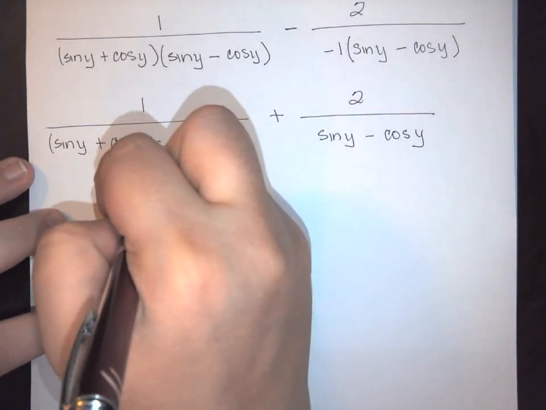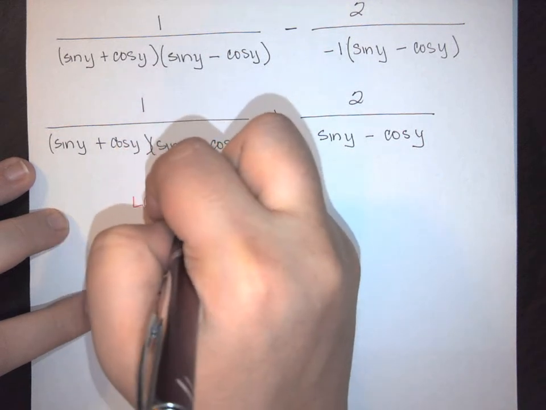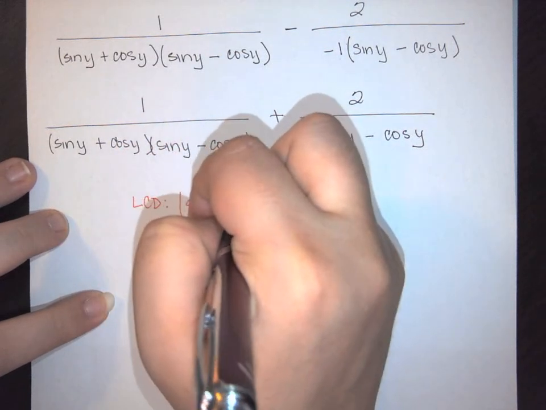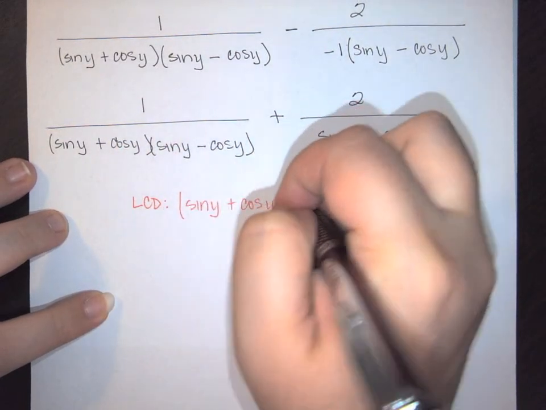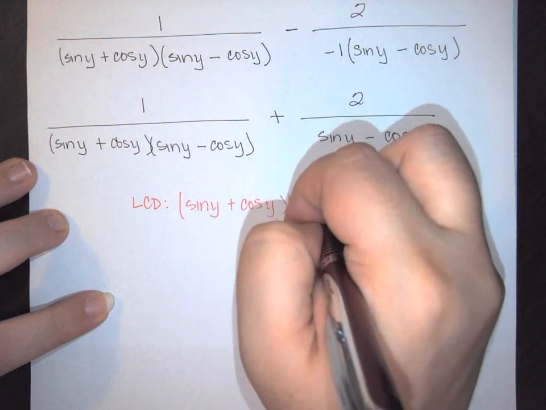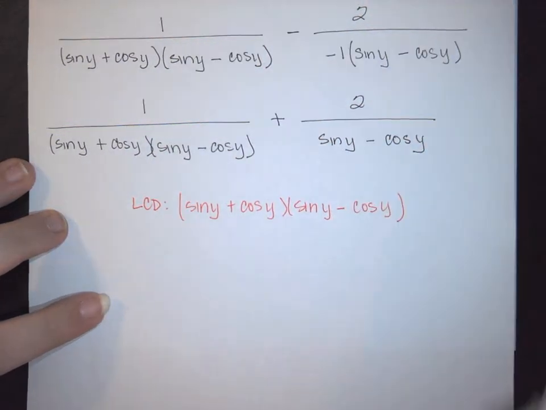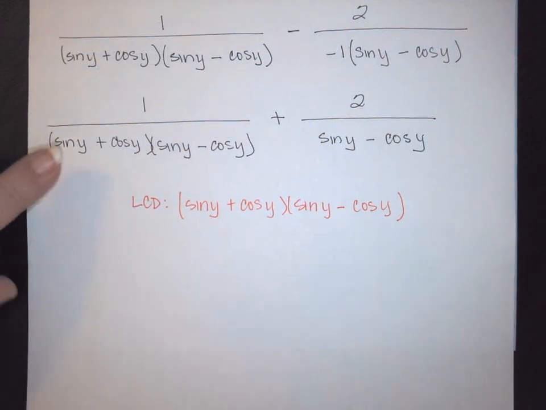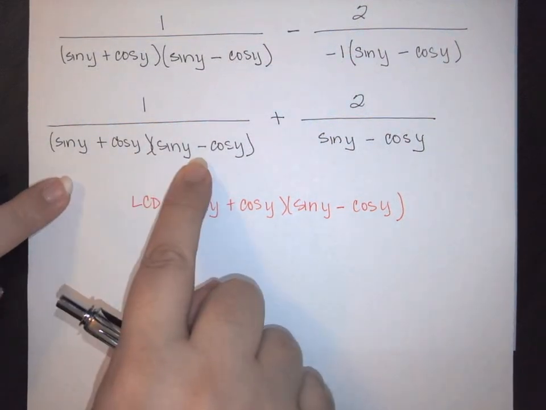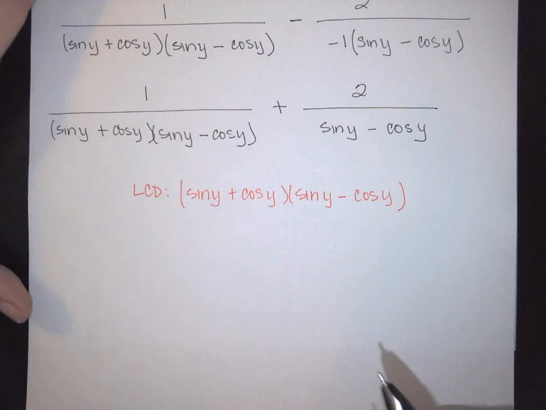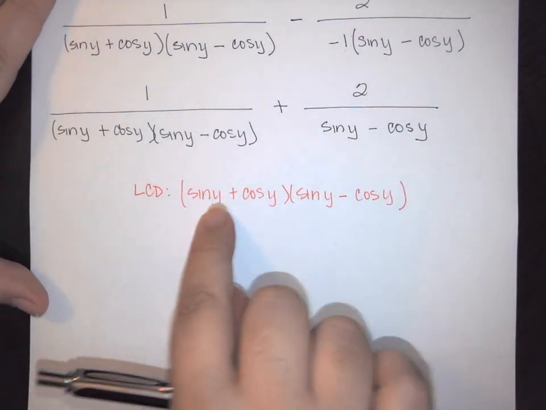So my least common denominator here has to be the sine of y plus the cosine of y times your sine minus the cosine. So if you notice, my first term has my least common denominator, but my second term is missing this plus part.